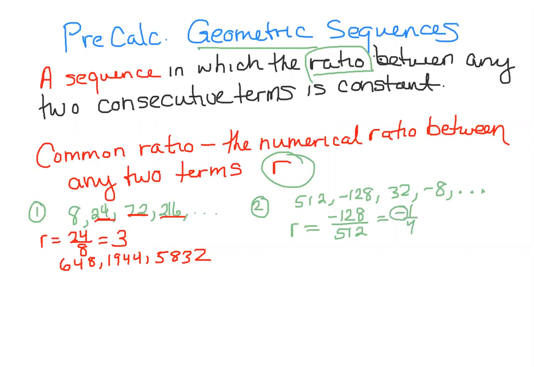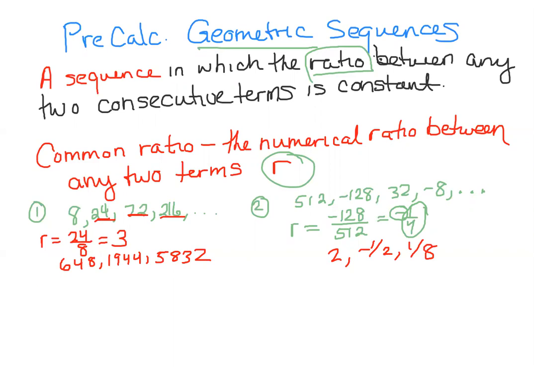The negative makes it go back and forth: every other term is positive and every other term is negative. And the fact that the 1/4 is less than 1 makes it go down instead of up. So our next three terms: negative 8 times negative 1/4 is 2, and then negative 1/2, and then 1/8.